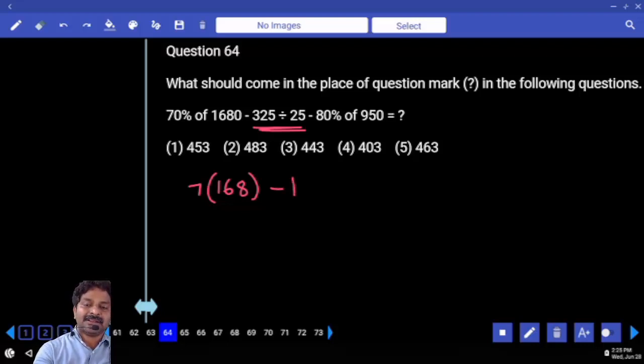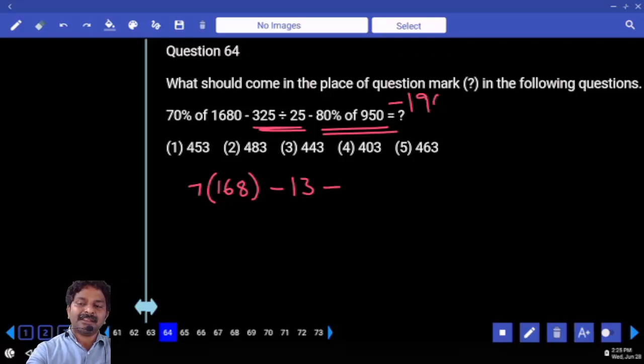That is 13 minus 80 percentage. Easy to calculate. Subtracting 20%. What is 10% of 950? 20%. Subtracting 190 in the sense we will subtract 200, then add 10 later, correct? Subtract 200, 750, then add 10 later, 7.